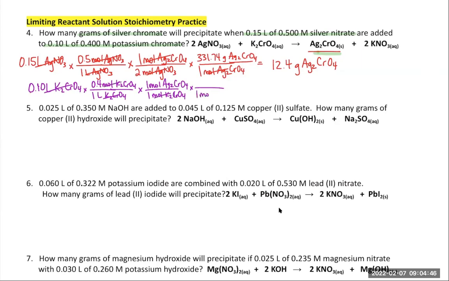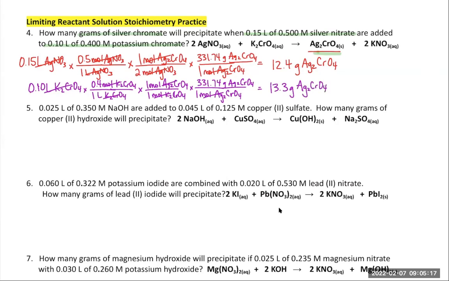And for every 1 mole of silver chromate, it will weigh 331.74 grams again. Now I'm ready to solve. I multiply everything in the numerator, divide by everything in the denominator, and I get 13.3 grams of silver chromate.